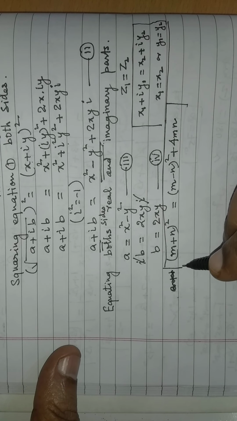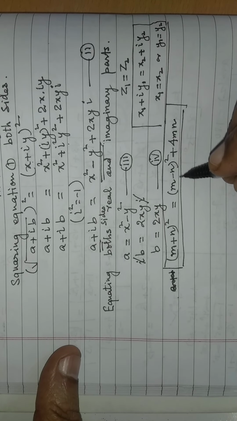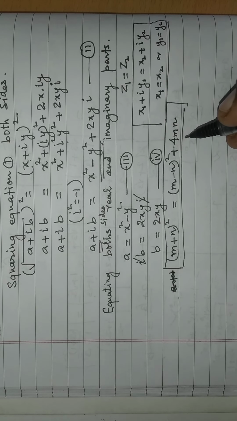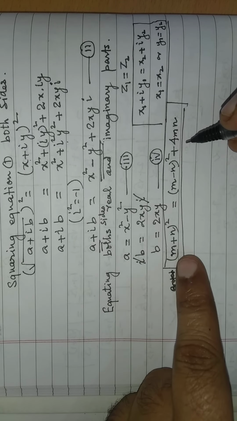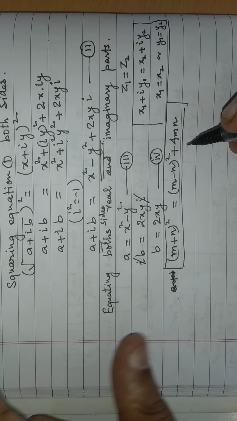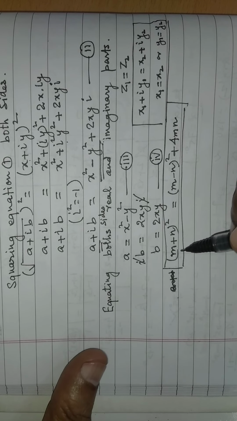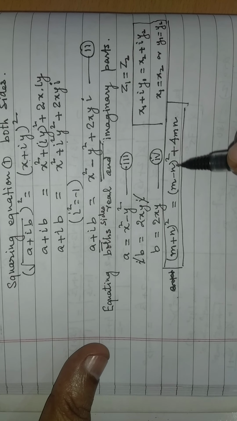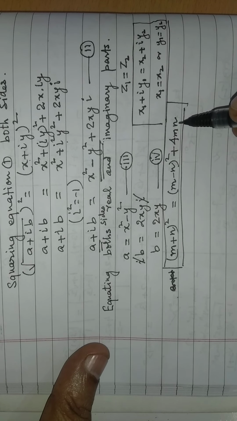I am not writing a plus b whole square is equal to a minus b whole square plus 4ab, because here a and b are given, and if I write x and y, xy is also taken by me, so it will create confusion. That is why I have written the formula m plus n whole square is equal to m minus n whole square plus 4mn.